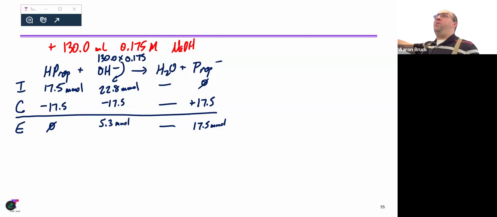Even though we know that the propanoate ion is basic, because we have free hydroxide in here, we no longer care about its basic qualities. And the reason we don't care is because the free hydroxide is going to have a far greater impact on the pH than that amount of conjugate base.